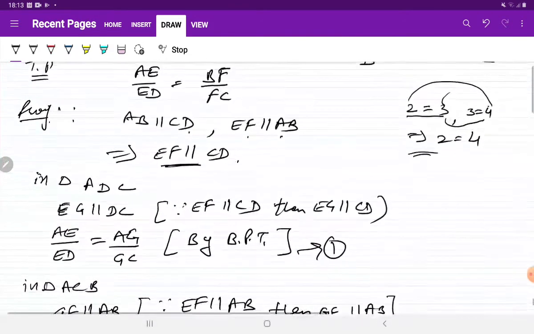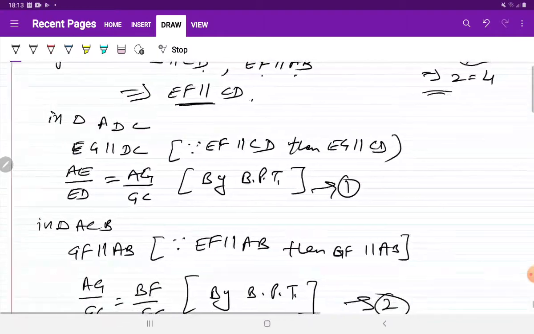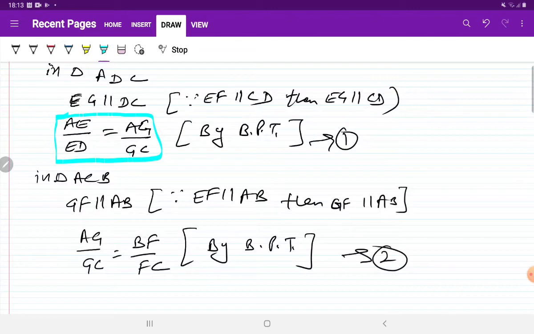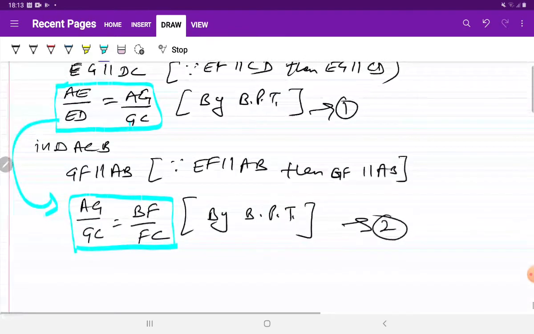Now again the same thing I explained here: if 2 is equal to 3 and 3 is equal to 4, then 2 will be equal to 4. The same fundamental I am using here, that AE upon ED is equal to AG upon GC, and AG upon GC is equal to BF upon FC. Then what do we get from equations 1 and 2?